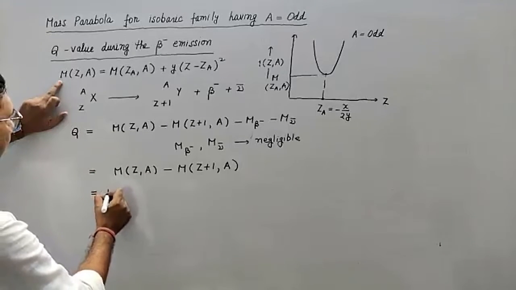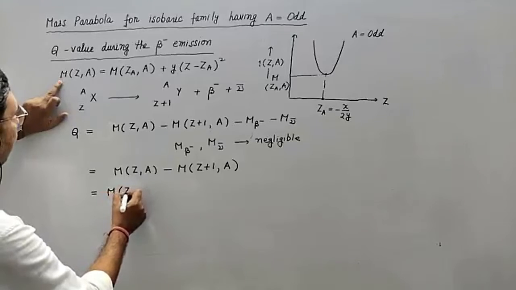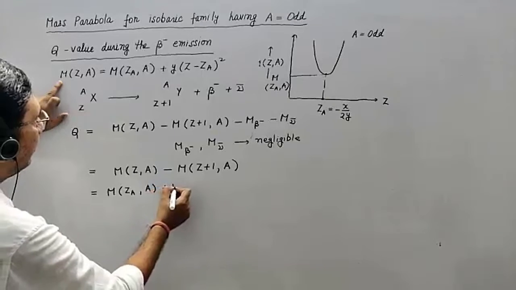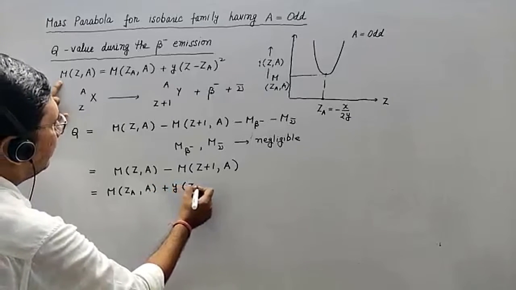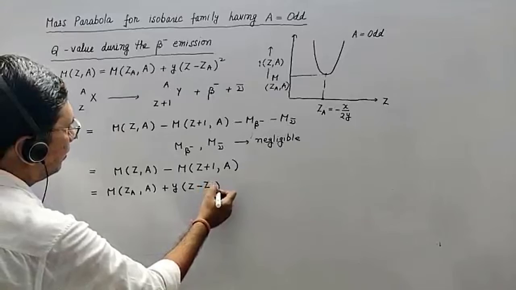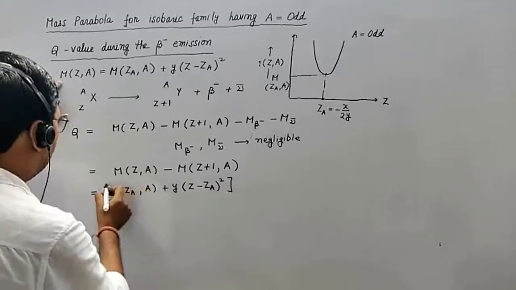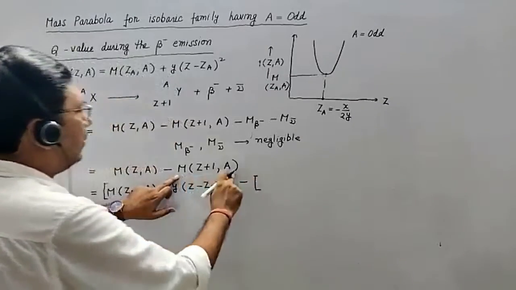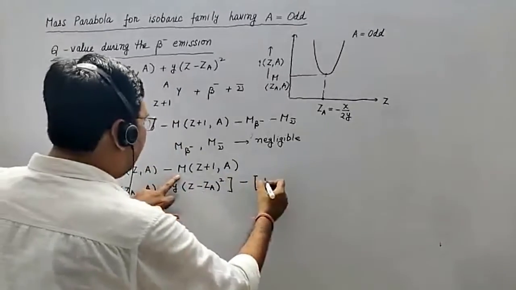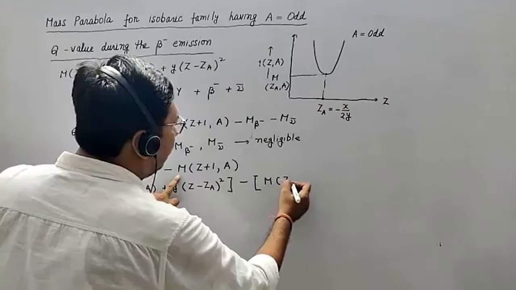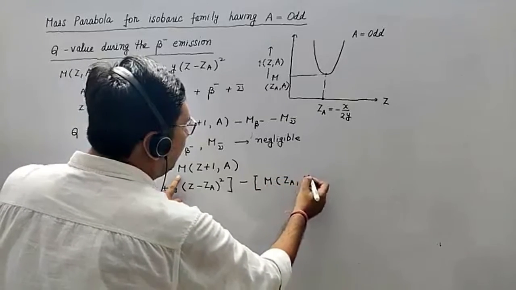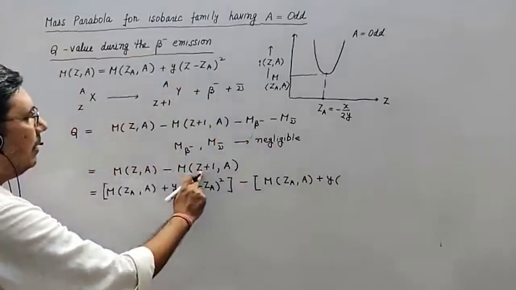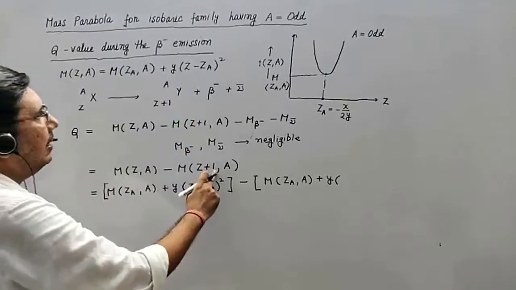So this will be the mass of (ZA, A) plus Y times (Z minus ZA) whole square, minus the mass of this nuclei, which will be the mass of (ZA, A), the mass of the most stable nuclei, plus Y times, here in this formula we will replace Z by Z plus 1.